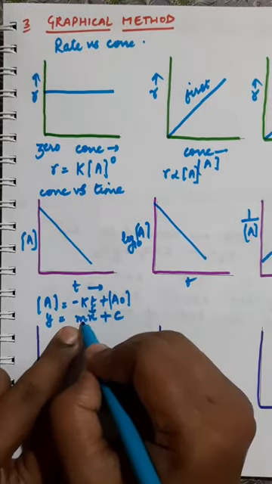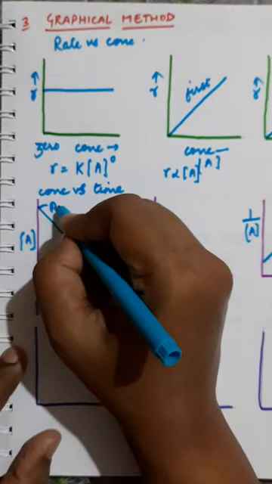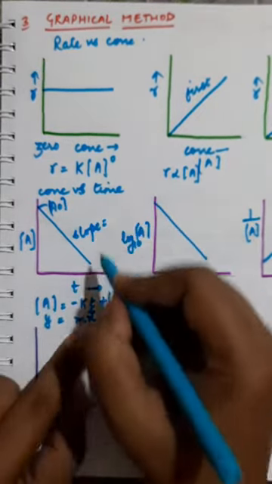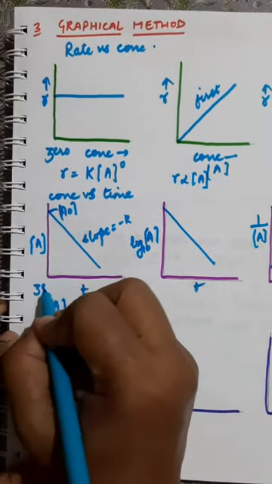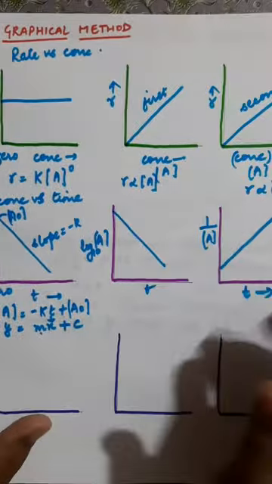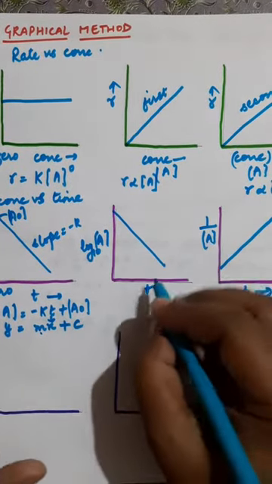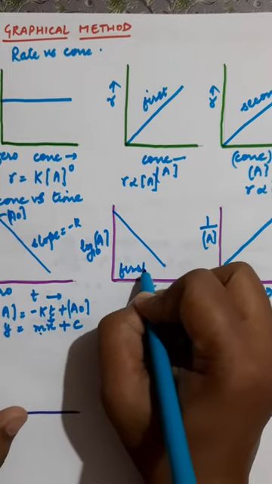So this is the slope m and this is the intercept A naught. Slope is given as minus k. So it is the graph for zero order reaction. Clear? In the second, whenever you are given a log base 10 or natural log A and time graph, it will be for first order reaction. So this is the graph for first order reaction.